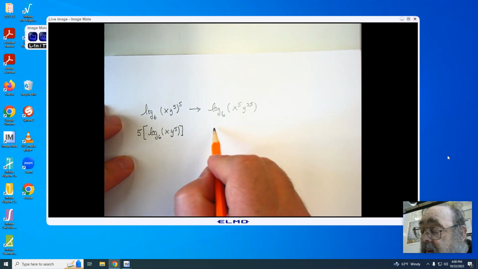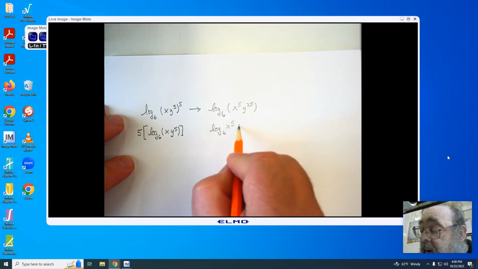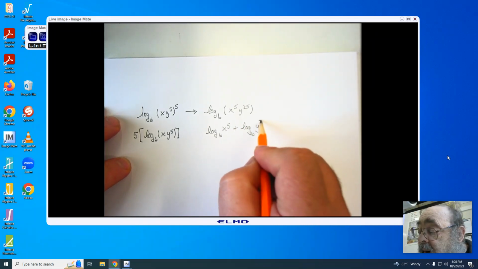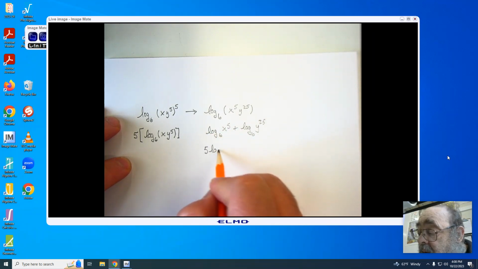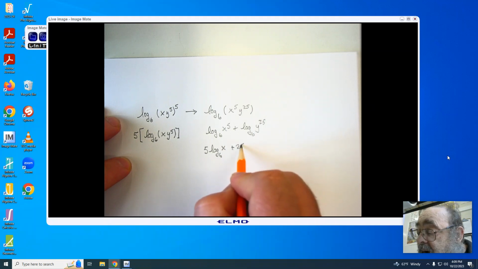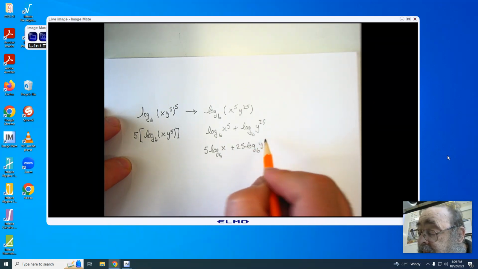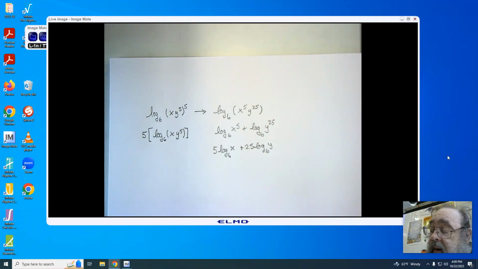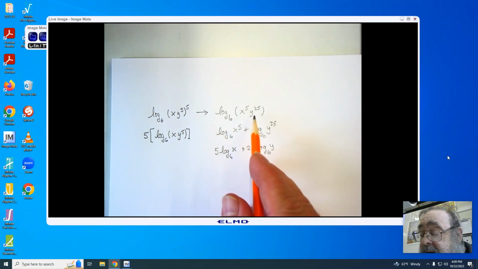So in this problem, we would have log base 6 of x to the fifth plus log base 6 of y to the 25th, and the power would then move in front, giving us 5 log base 6 of x plus 25 log base 6 of y. And that would be our answer if we did it that way. This way, we would be distributing at the end as opposed to distributing at the beginning.